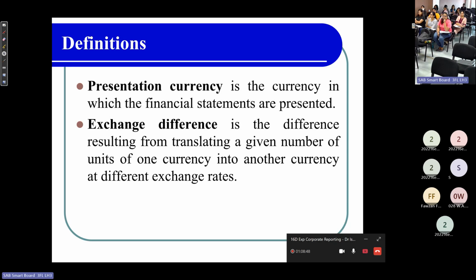If the exchange rate is different, then there is a difference. That difference is called exchange difference. Take a look at the summary.